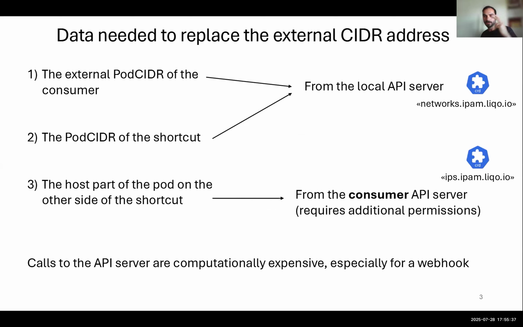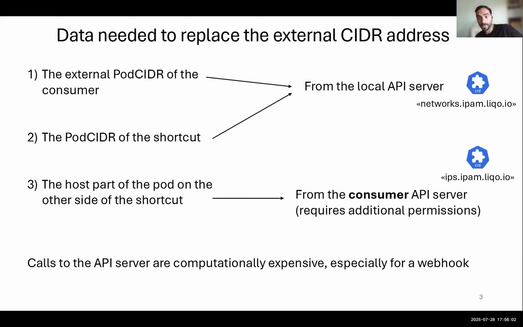We need three data: the external pod CIDR of the consumer, to recognize which addresses are going through the long route and not directly to another cluster; the pod CIDR of the shortcut to use; and the host part of the pod on the other side.